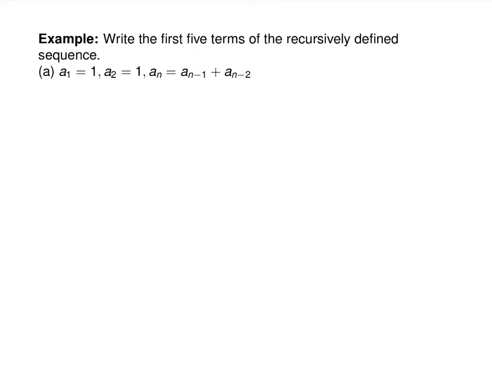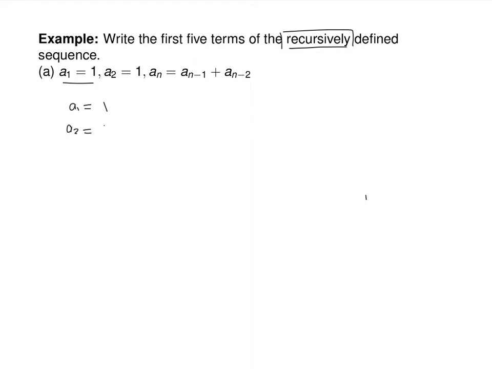Now, sequences can also be defined in a manner that's called a recursive definition. What this means is that the next terms depend on the previous terms. This example we're doing right now is a pretty common example called the Fibonacci sequence. The first number is defined to be 1.